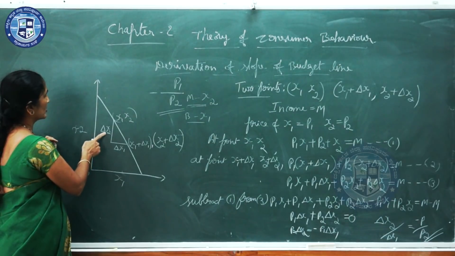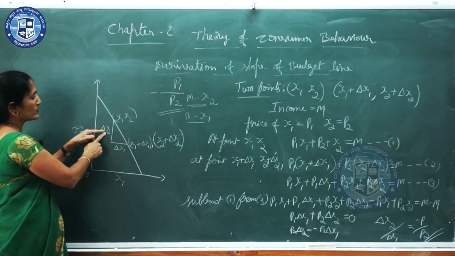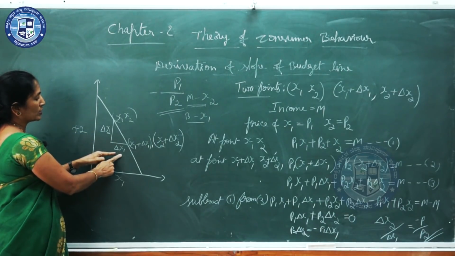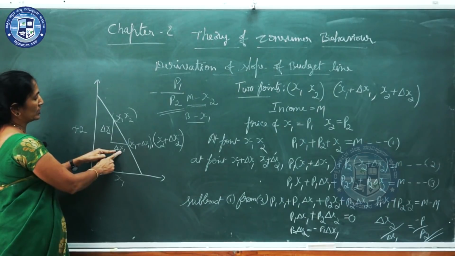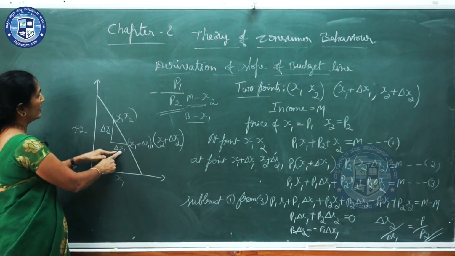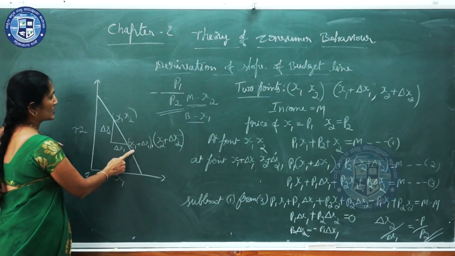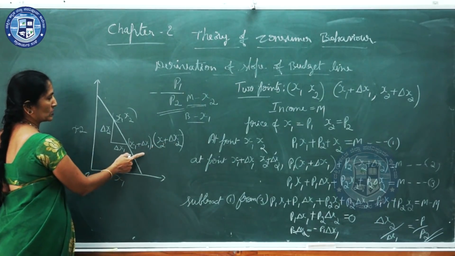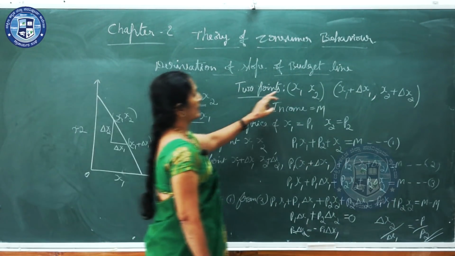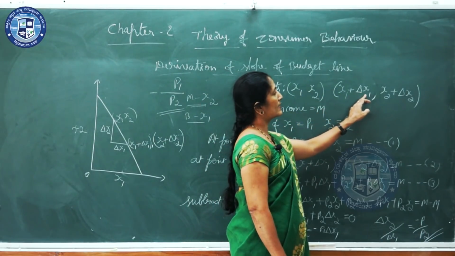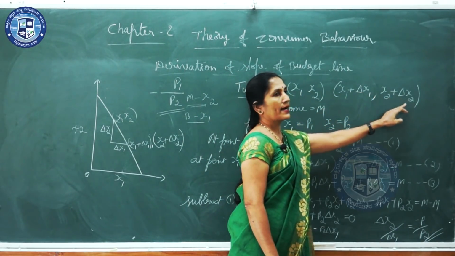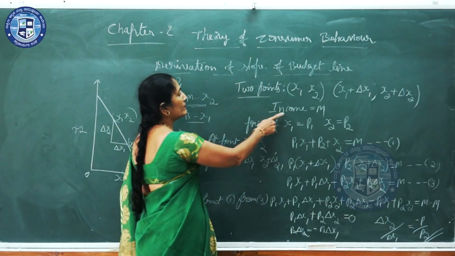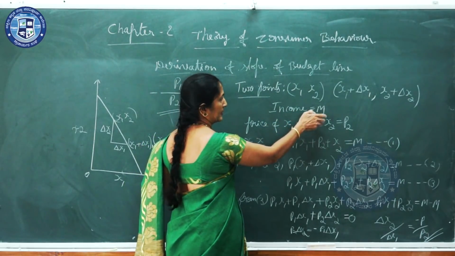The slope is the change in the quantity of mangoes per unit of change in the quantity of bananas. Here we have x1, x2, and x1 plus delta x1, x2 plus delta x2, the change in the two products.